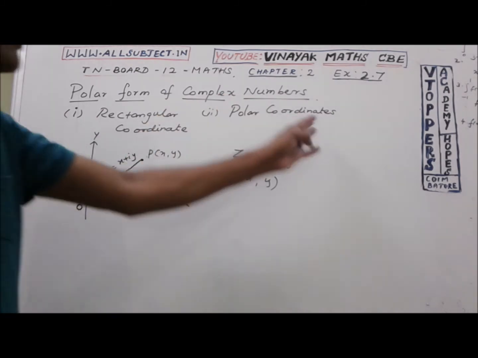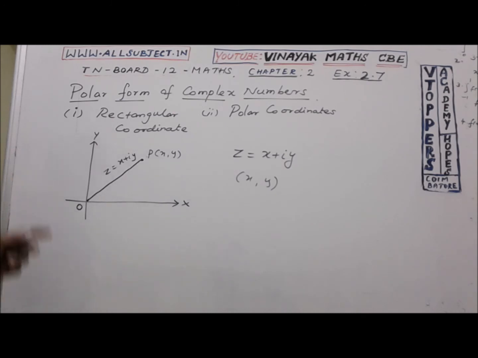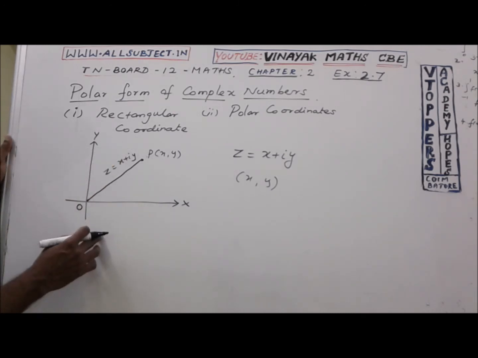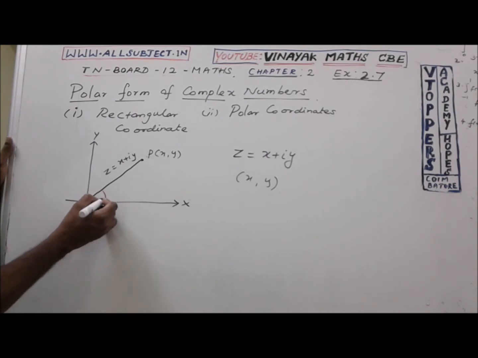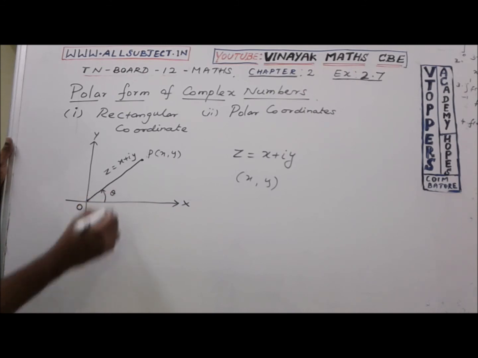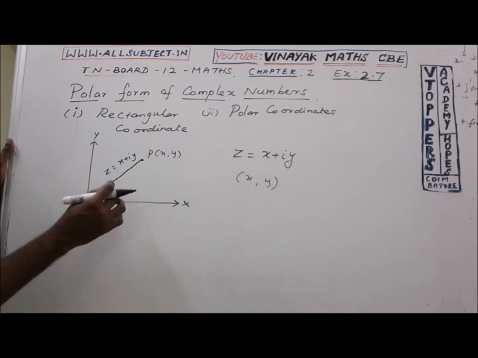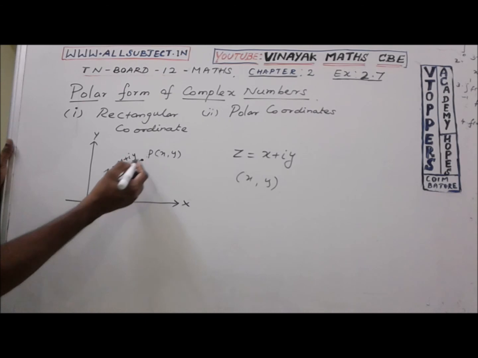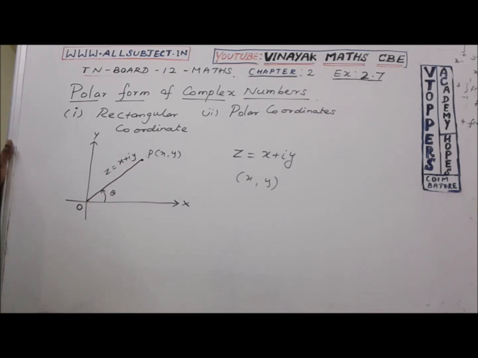Now what do polar coordinates mean? Every complex number z makes some angle theta with the positive direction of the x-axis, and it maintains some distance from the origin to that complex number.